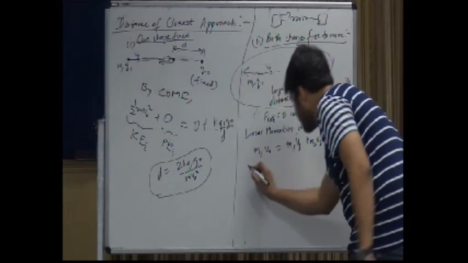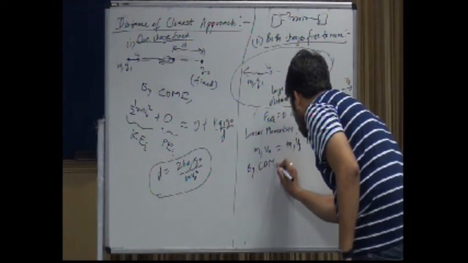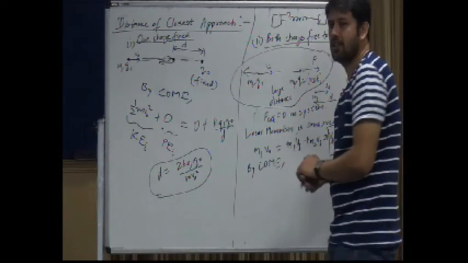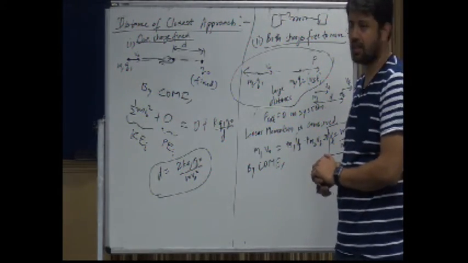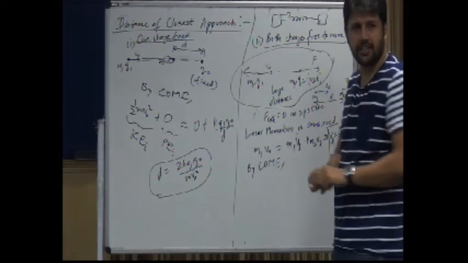Now by conservation of mechanical energy: initially only kinetic energy was there, the distance was large, so potential energy was 0.